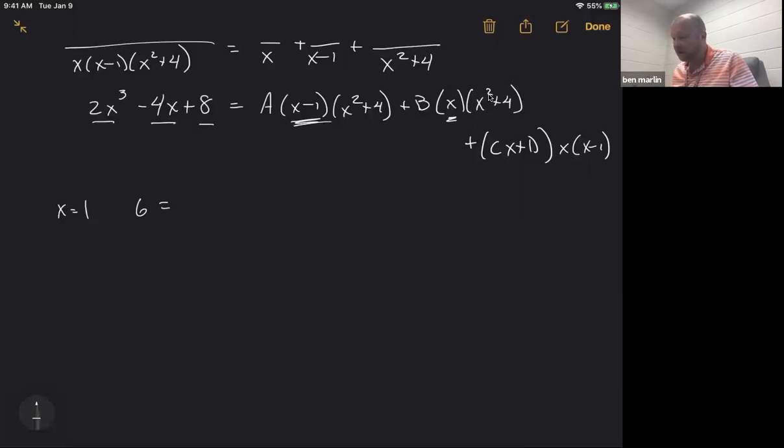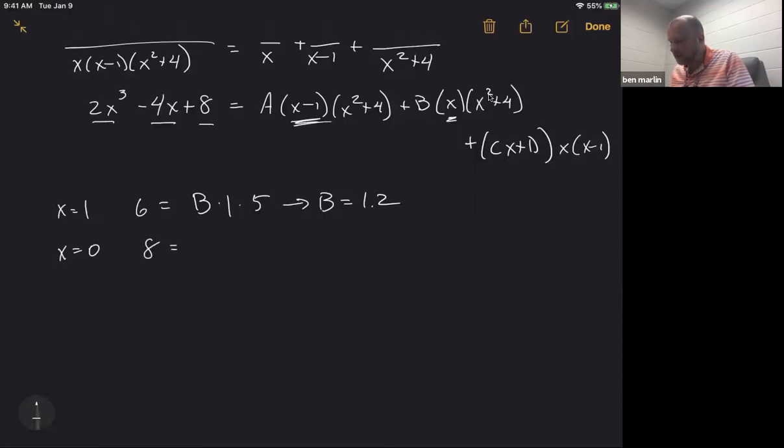Now, all the stuff that has an x minus 1 factor drops out. So you end up with just b times 1 times 5. So b is 1.2. Bang, done. x equals 0 is going to make all the things with just an x come out.